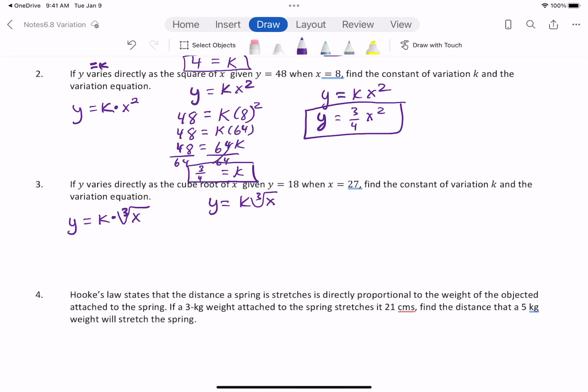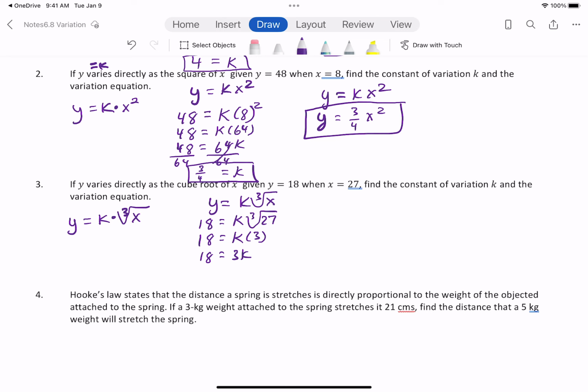We know y is 18, so we'll make that substitution. We don't know k, but we know x is 27. So if we simplify this one, the cube root of 27, you can use your calculator to find that. The cube root of 27 is also asking me what do I multiply times itself 3 times to get 27. So that value is 3.